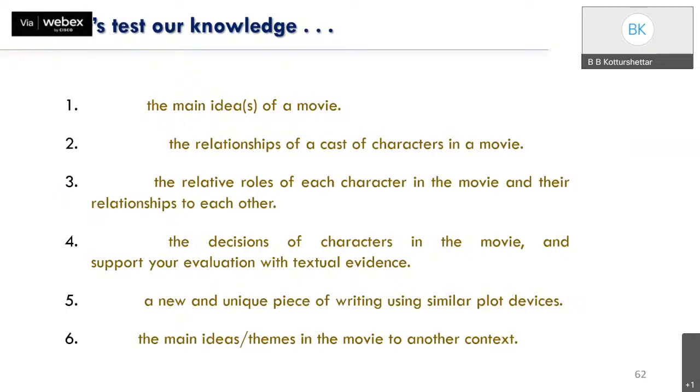Okay, now let's test our knowledge after having gone through that video and having had some discussion on different levels. Now I request you to come up with the action verb for each of these sentences or statements based on what you have seen.